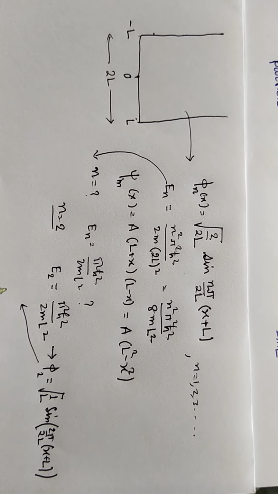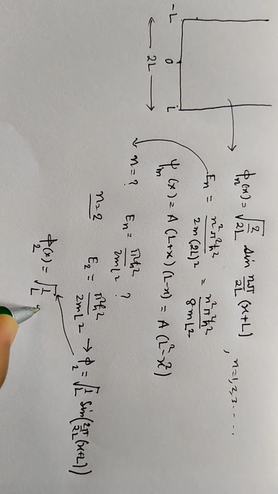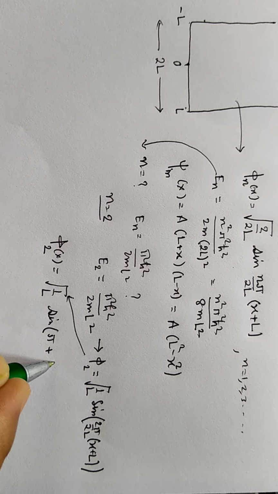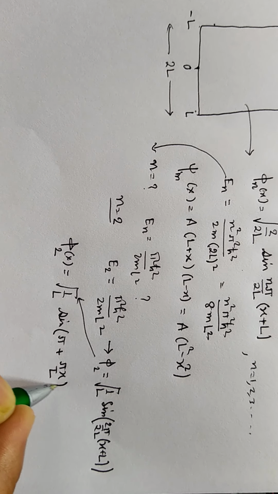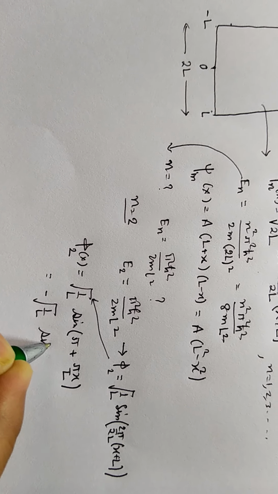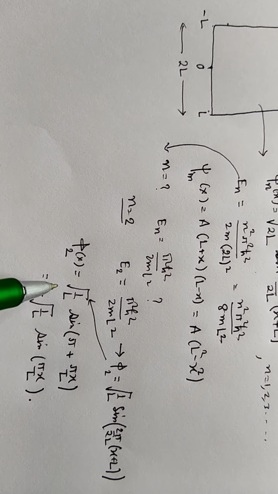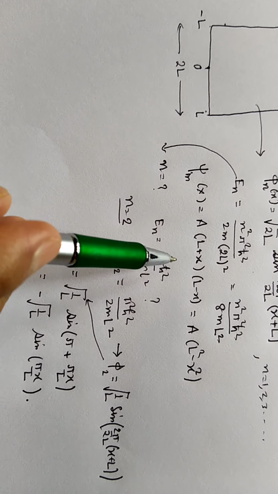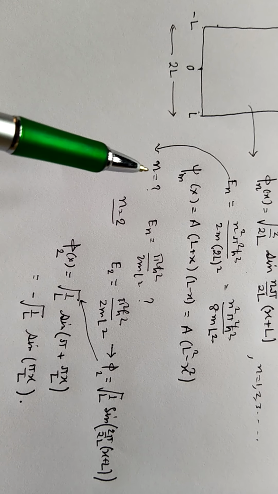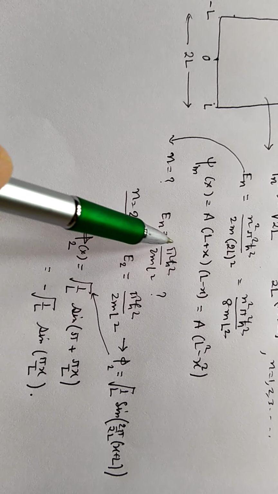That means φ2(x) equals square root of 1 by L sine of (π plus πx by L), right, and this is nothing but minus square root of 1 by L sine of πx by L. So this is the wave function corresponding to the stationary state whose energy is π²ħ² by 2mL², and therefore we would like to find what is the probability that the energy measurement will give you this value.